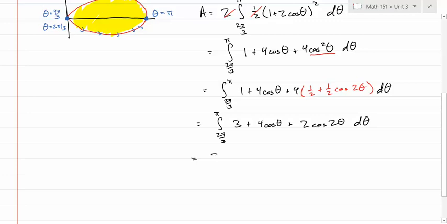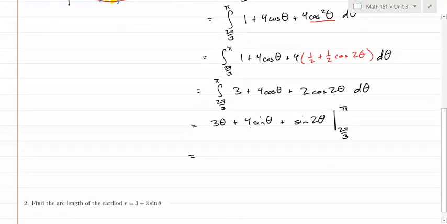The integral of 3 would be 3 theta. The integral of 4 cosine theta would be 4 sine theta. The integral of 2 cosine 2 theta would be just sine 2 theta, because a 1/2 comes out when you integrate because of the 2 theta. That's evaluated from 2 pi over 3 to pi.